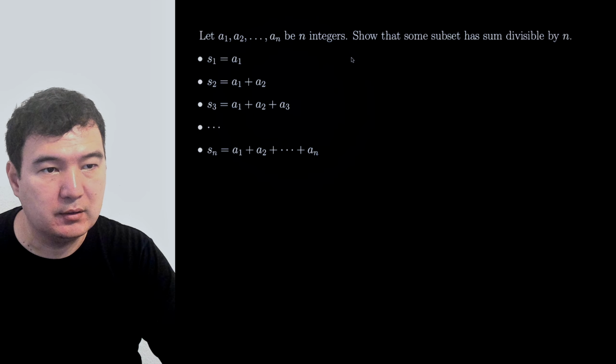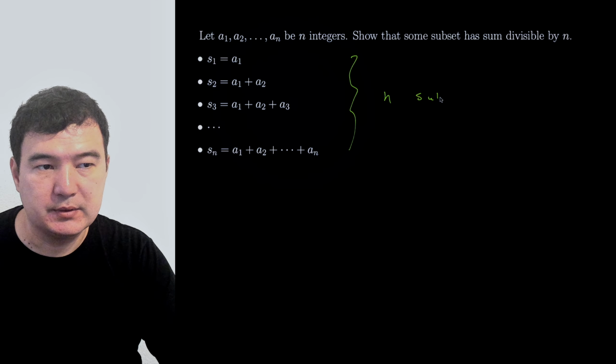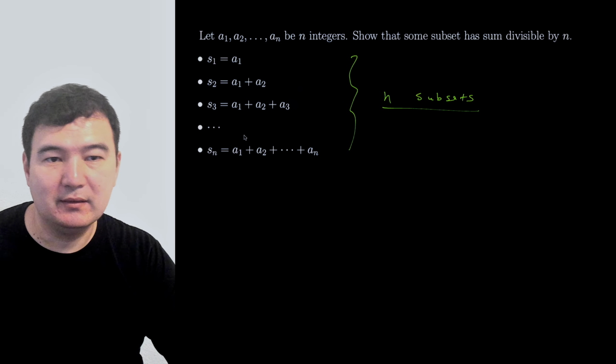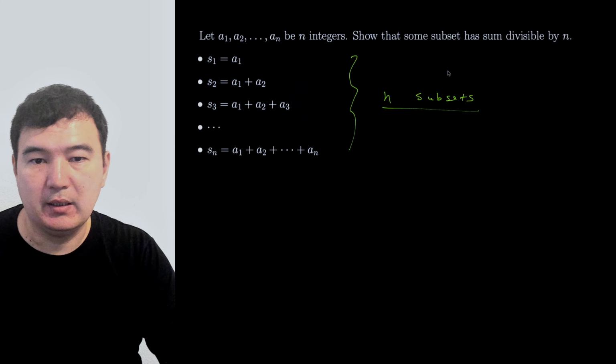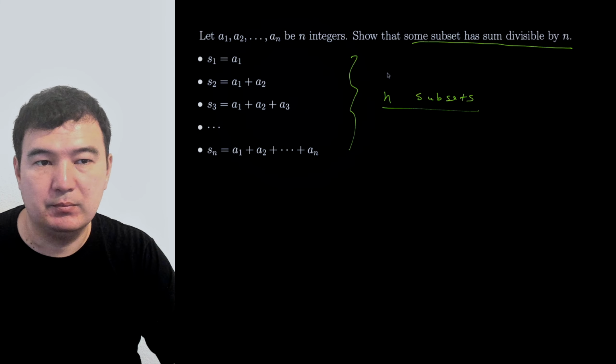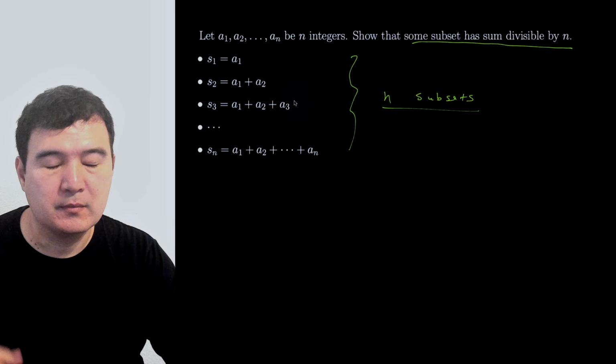So we have n subsets here. If at least one of them is divisible by n, it already proves the statement of the problem, right? We have a subset that's divisible by n.